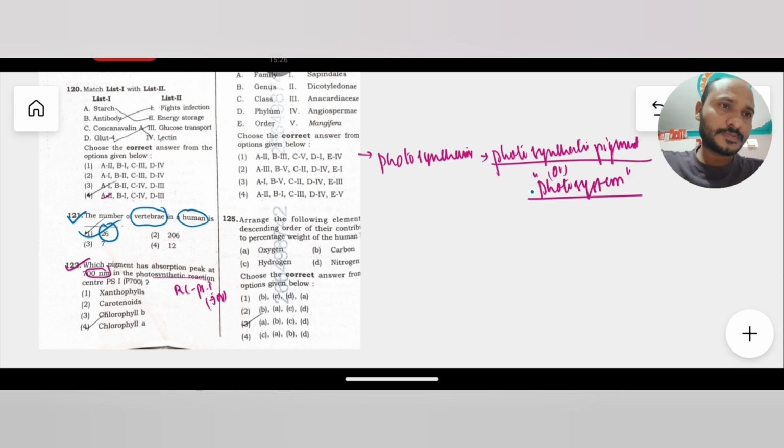Generally, we have two types of photosystem: photosystem 1 and photosystem 2.